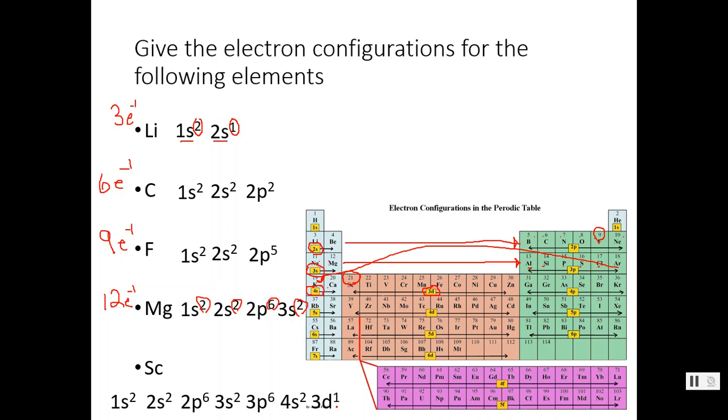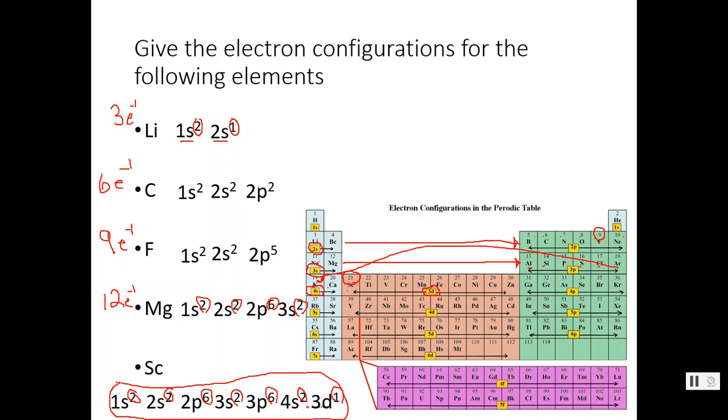Specifically, it will be 3d superscript 1 because I placed 1 electron in that 3d orbital. And so you can add up these superscripts and make sure they add up to 21, the number of electrons in that element. And that is the electron configuration. All of this is the electron configuration for Sc.